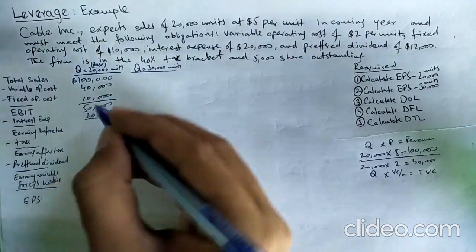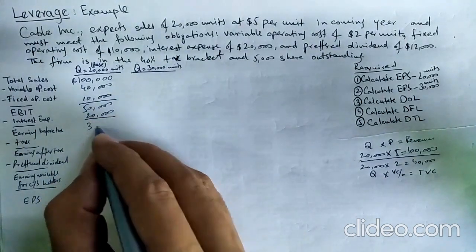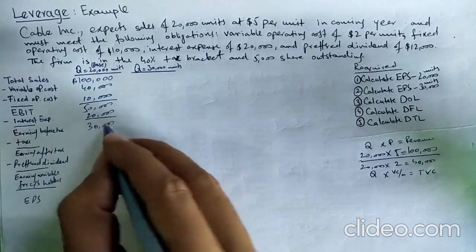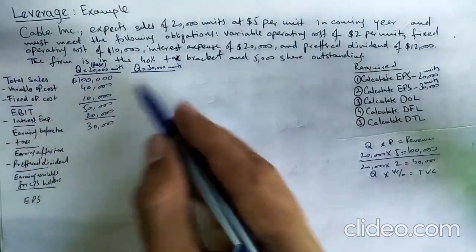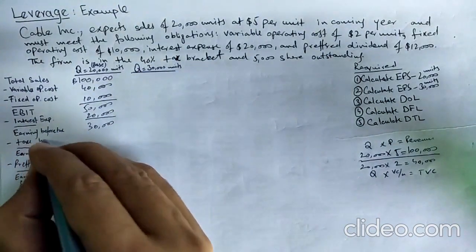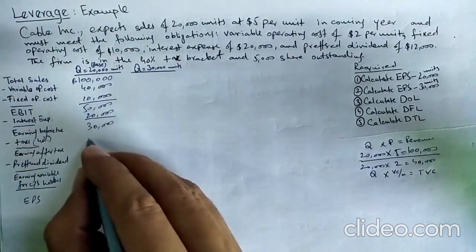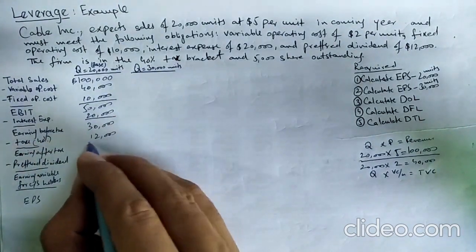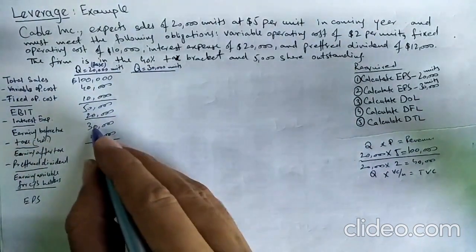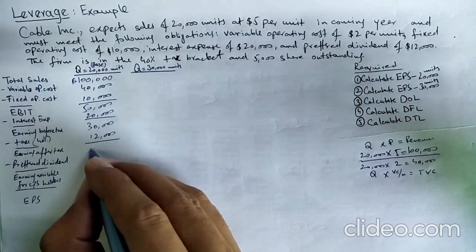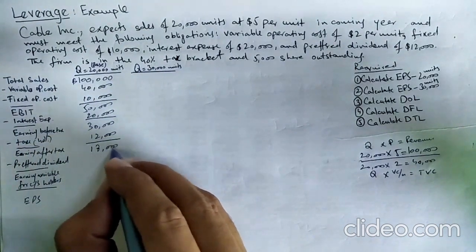So 50,000 minus 20,000 is 30,000, which is the earning before tax. Then we pay tax to the government, and the tax rate is 40%. 40% of 30,000 is 12,000, and 30,000 minus 12,000 is 18,000.